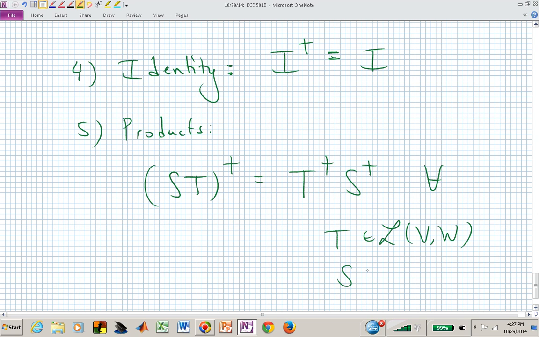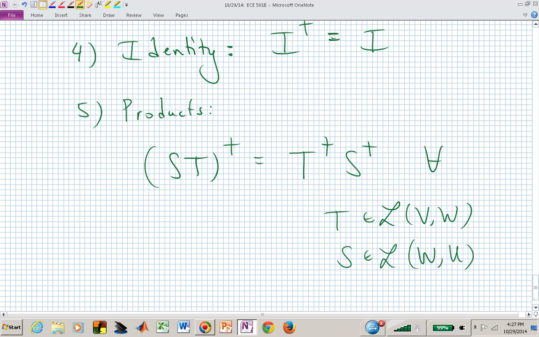What vector spaces does it map between? S is now from W, not necessarily to V, is it? Now it can just be some other vector space. It could be, let's say, U.